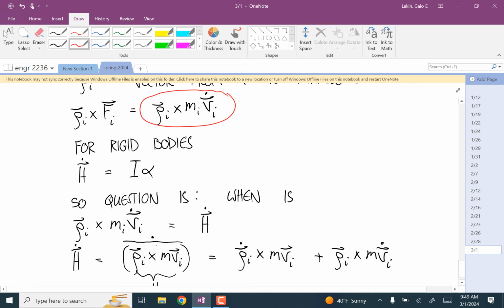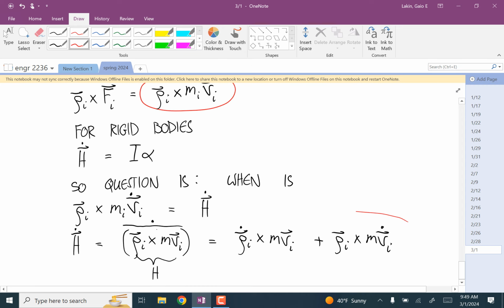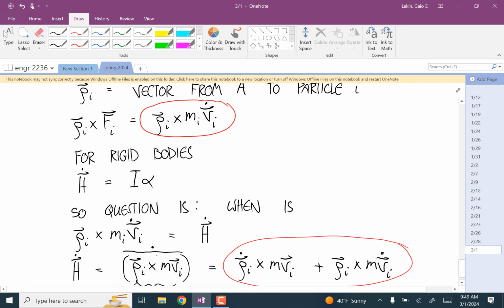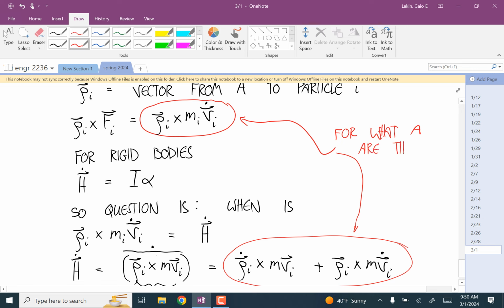Our question then boils down to, when is this equal to this? For what A are these equal?